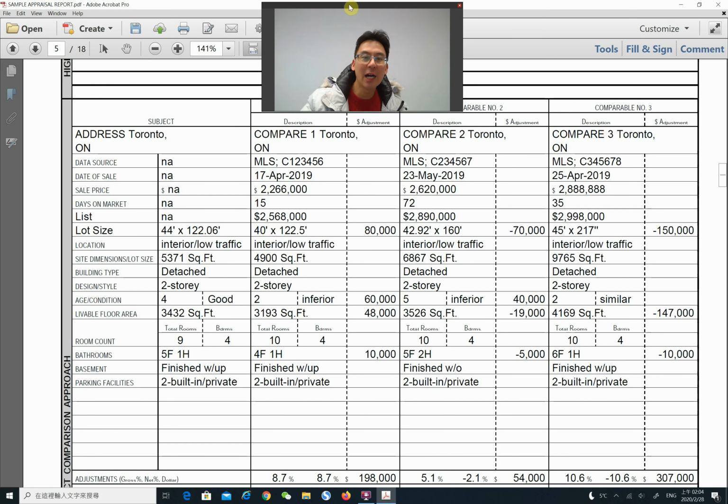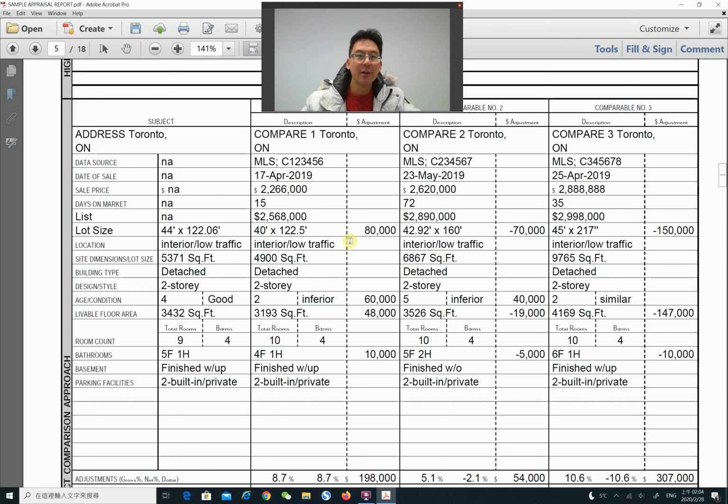So that means if the lot of our client is 44 feet wide, it should be costing more. And so the appraiser placed that frontage of 44 over the 40, it gives them an $80,000 value.